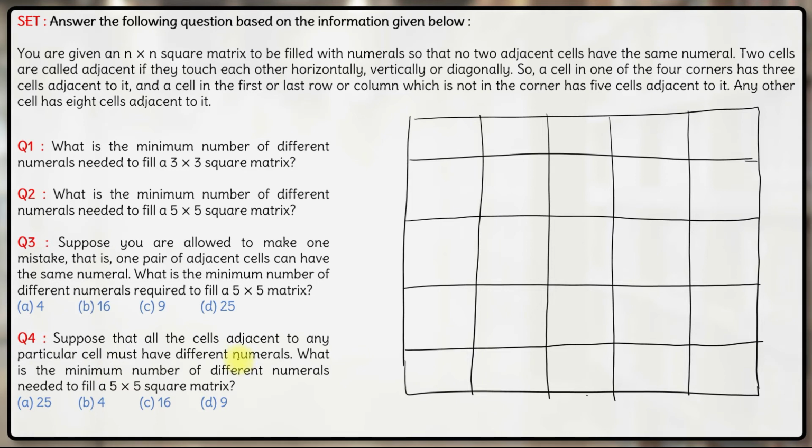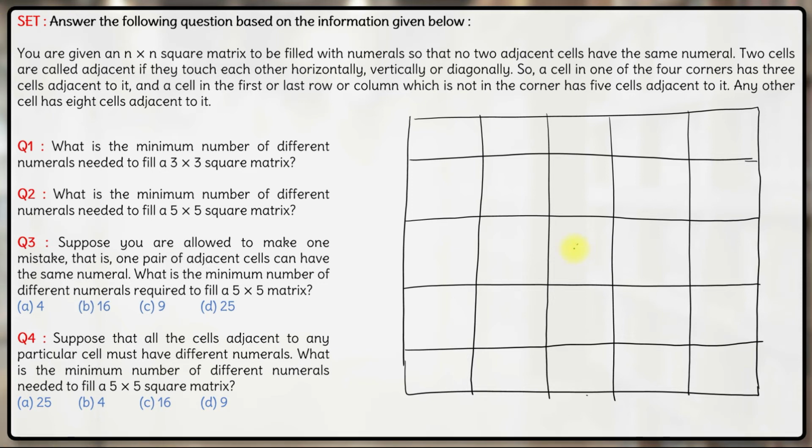Then what is the minimum number of different numerals needed to fill a 5 by 5 square matrix? A very interesting question. Adjacent cells should be different, but for a particular cell, which cell has the highest number of adjacent cells? It's always the center cell.